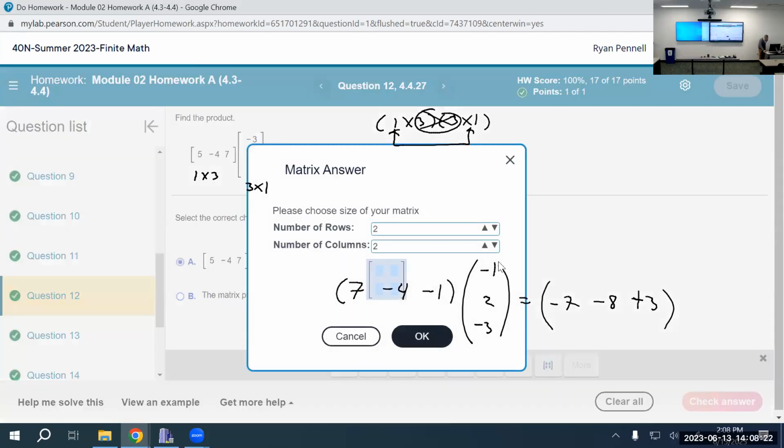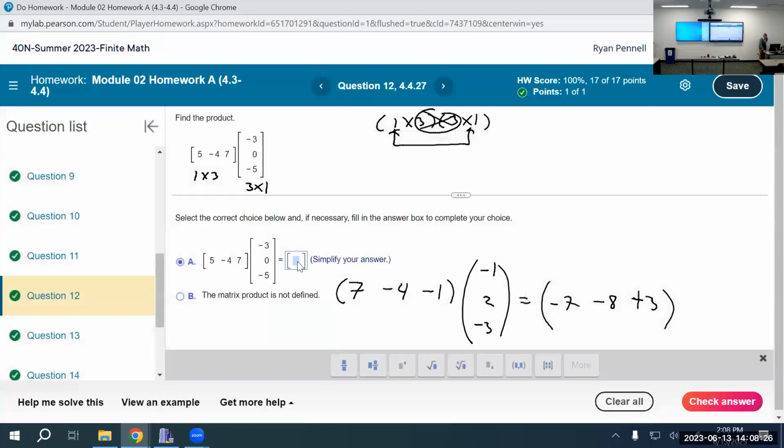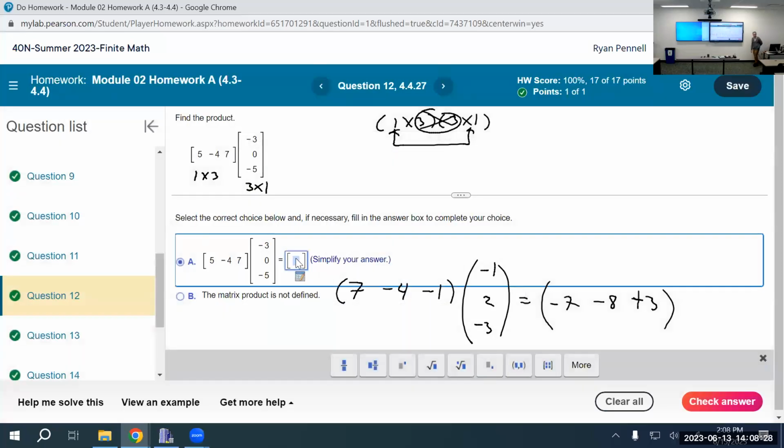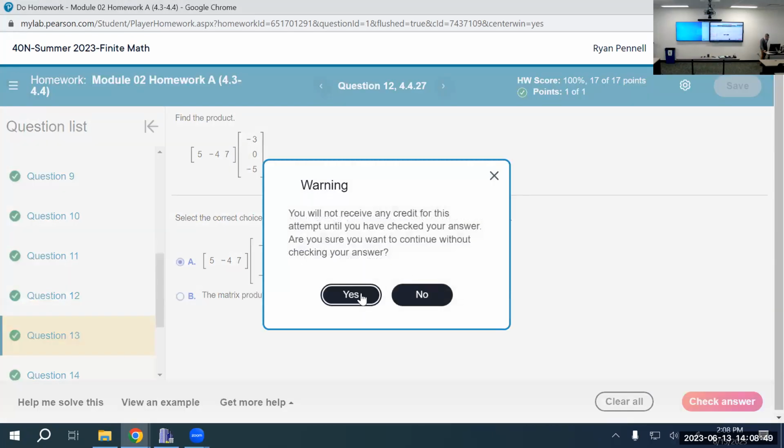I'll hit the matrix button and go one by one, a single entry. That's where I entered my -12. I'm sure the instructions tell you something like that, but I'm going to at least give you a warning because it surprised me. I just entered -12 when I was doing my homework, and I was surprised to get it wrong.